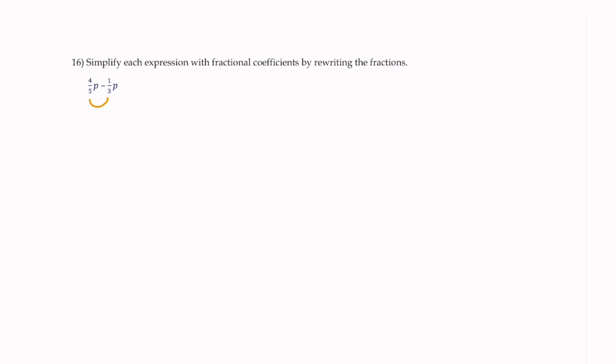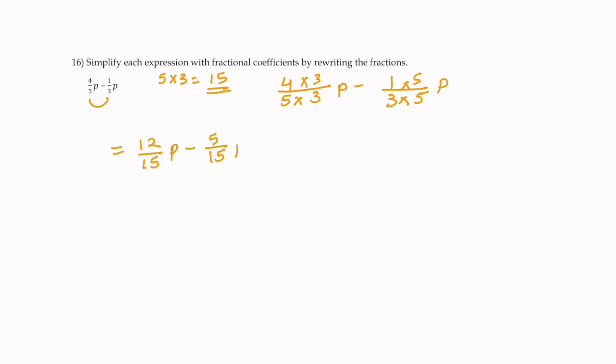16th. Now here, there's nothing common. In such cases, we do multiplication and our denominator has to be 15. That's the LCM basically. It thus becomes 4 over 5 and multiply with 3, p minus 1 over 3 multiply with 5 and p over here, which is equal to 12 over 15p minus 5 over 15p.